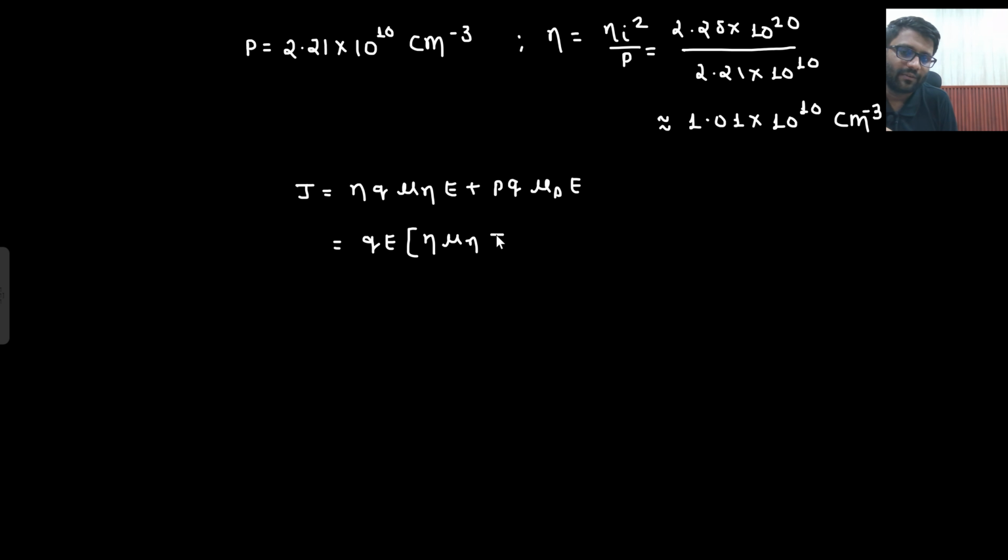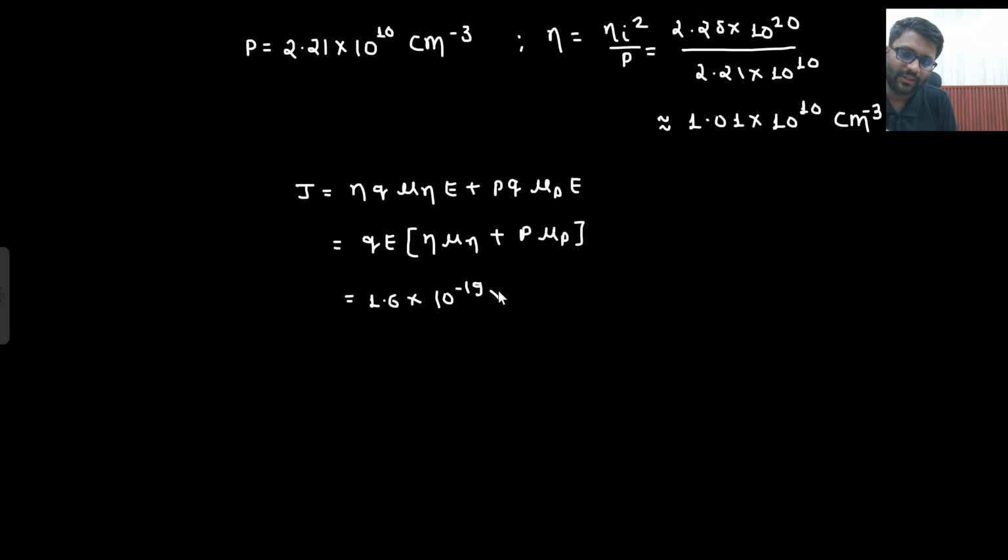But our target was to find the drift current, that was n q mu n into E plus p q mu p into E. Here I can take Q into E common, right? So the electron concentration will be multiplied with mobility, and the hole concentration will be multiplied with mobility.